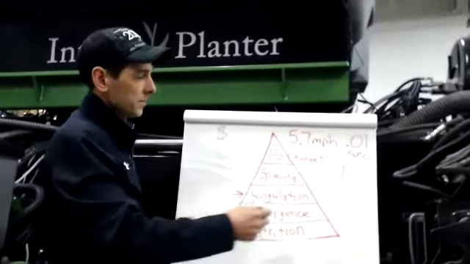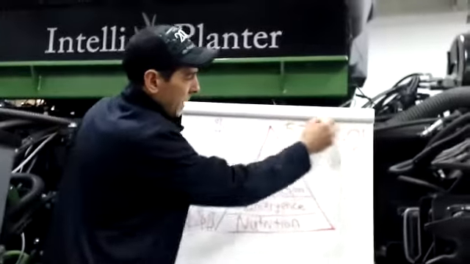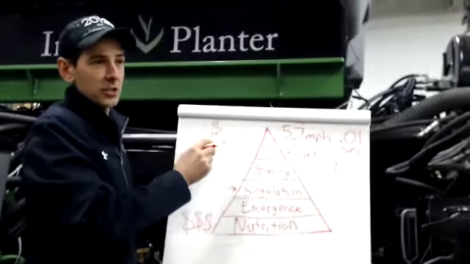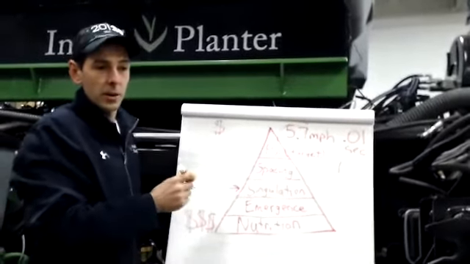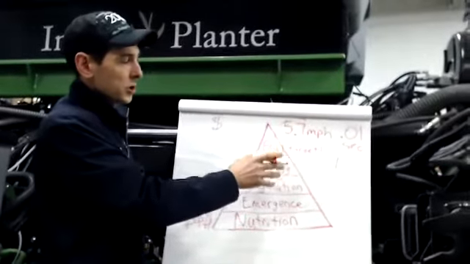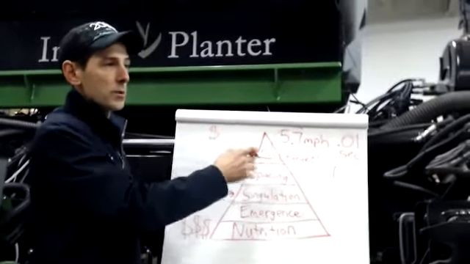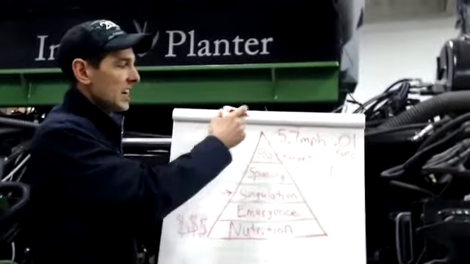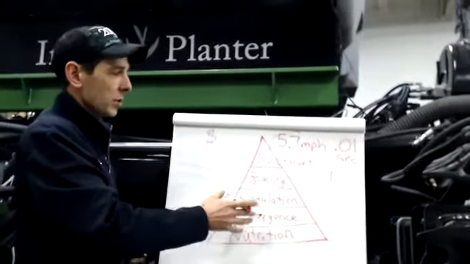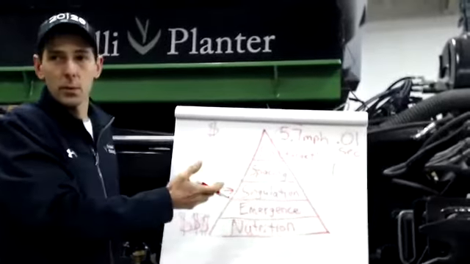Just keep in the back of your mind that a 1/100th second hesitation is 1 inch on the ground. Anything we can do to streamline or remove friction in the planter pass is going to lead to improved performance.